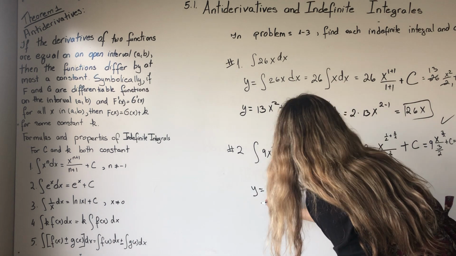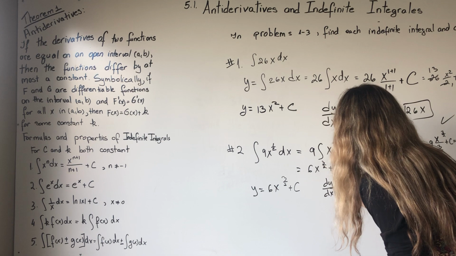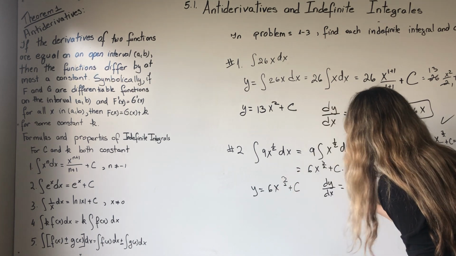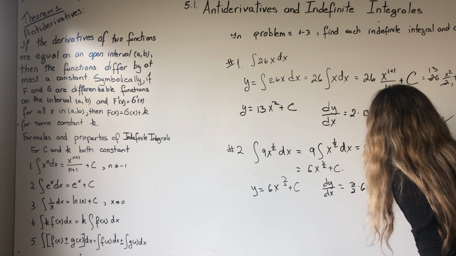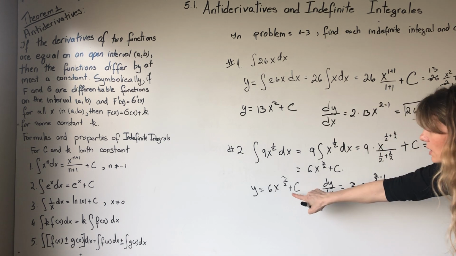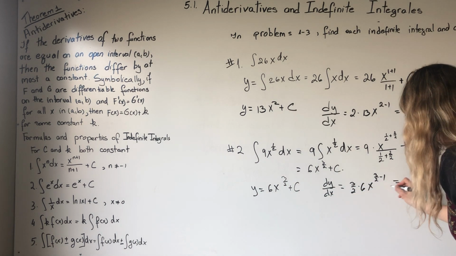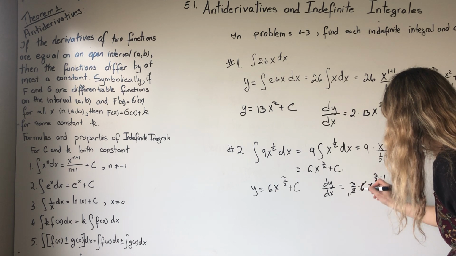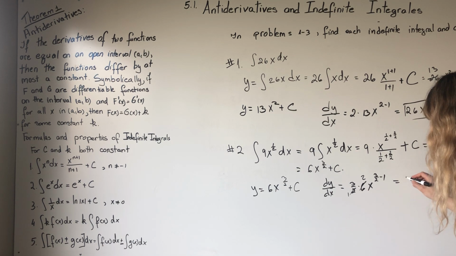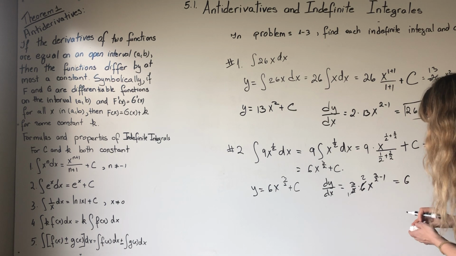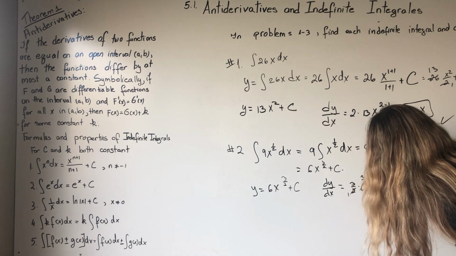Then what is dy over dx? Let me take the derivative of it. So I will have 3/2 times 6 x to the power of 3/2 minus 1. What is the derivative of a constant? The derivative of a constant once again is 0. So this, it's 1, it's 2, and then 3 times 3 is 9.